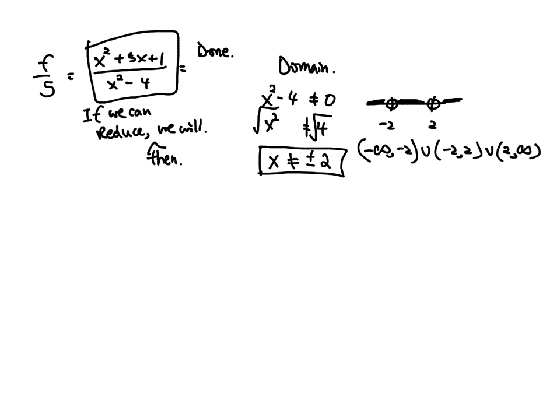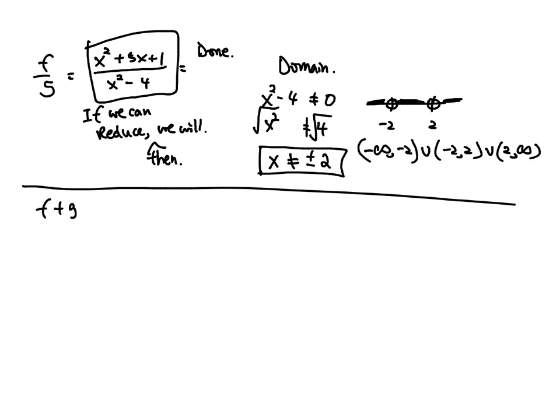All right. Now for number 3, right? Number 3 is pretty similar to number 2, except this time instead of x, we have numbers inside. So all we gotta do is just plug it in. So f plus g, if you remember from previous, f plus g just means f of x plus g of x.